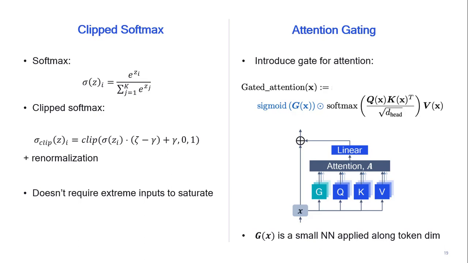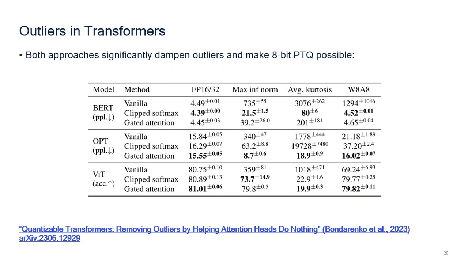And we show here that both approaches significantly dampen outliers and make 8-bit integer post-training quantization possible. We compare BERT, OPT, and ViT with regular FP16 or FP32 training to training with our method applied. First, we see that high precision accuracy is not harmed by our method. In fact, it sometimes actually improves a little bit over the baseline.